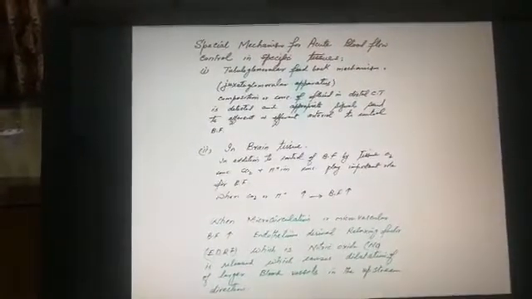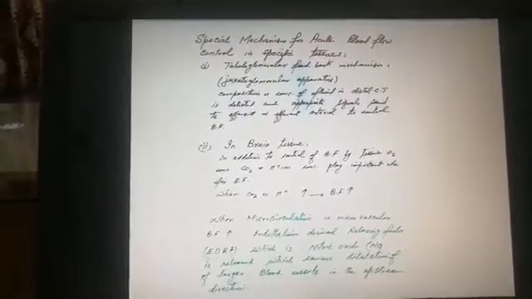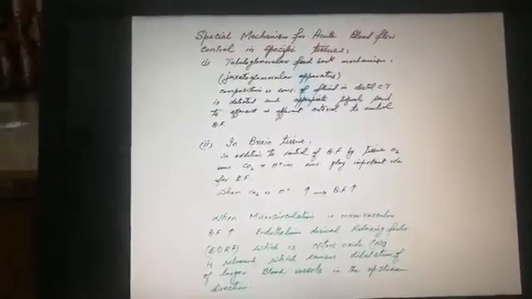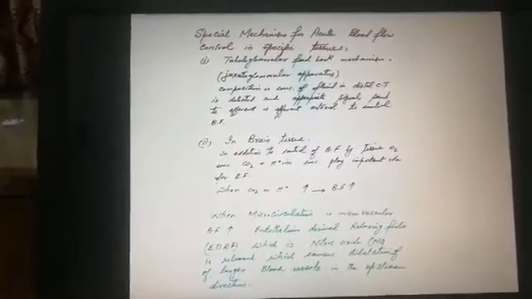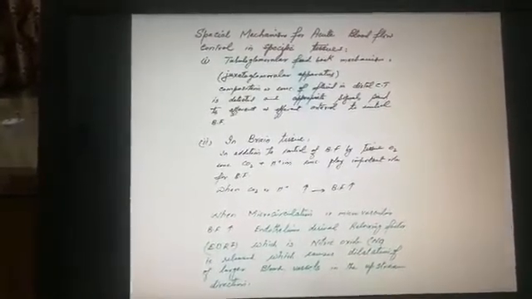So the blood flow towards the kidneys is controlled by the concentration of fluid in the distal convoluted tubule.